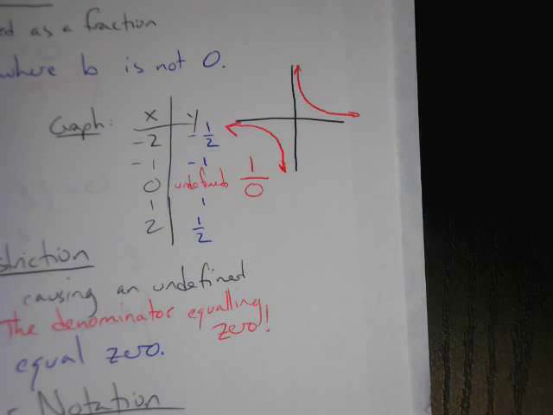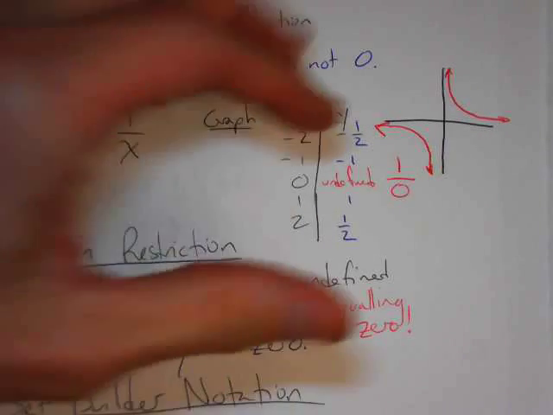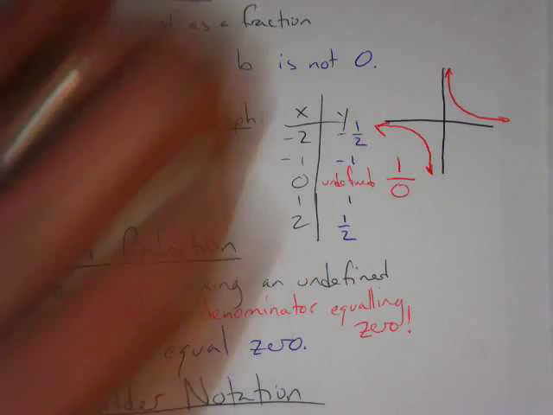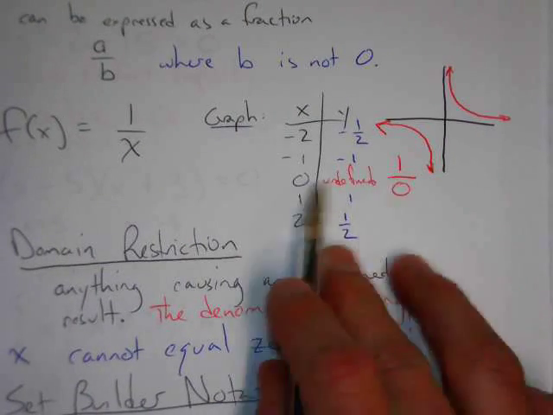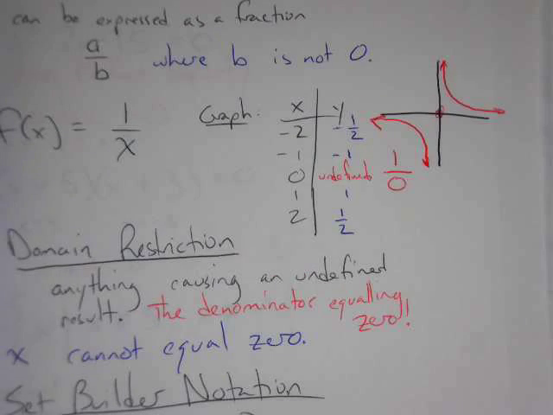That's what that graph looked like. And notice if the domain restriction is at 0, here's 0 on the x, the graph won't cross x, but that's for a later time.